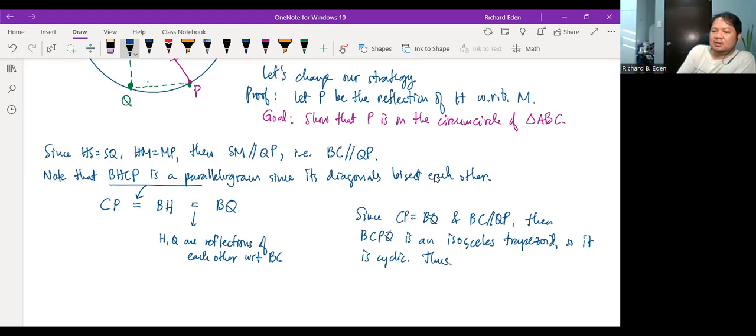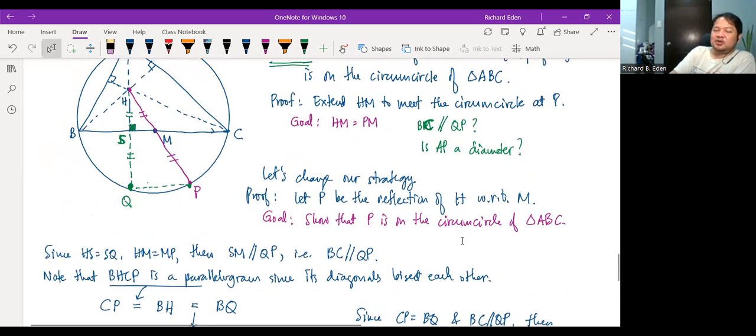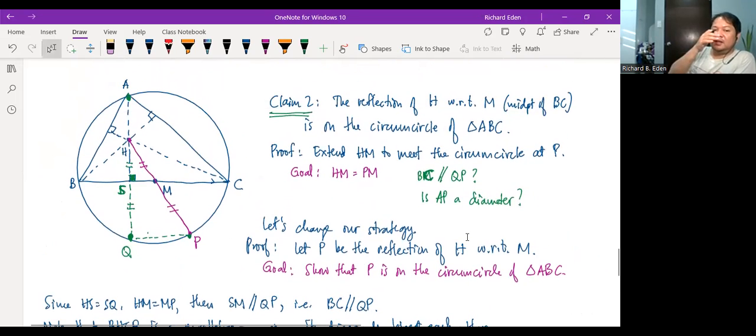Thus, P is on the circumcircle of triangle ABC. Okay, P is on the circumcircle of triangle ABC. All right.